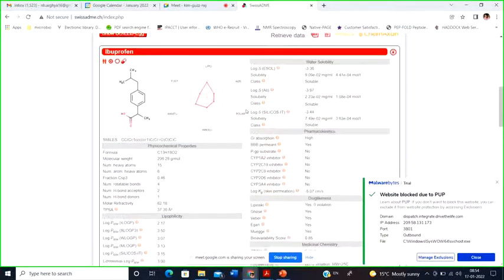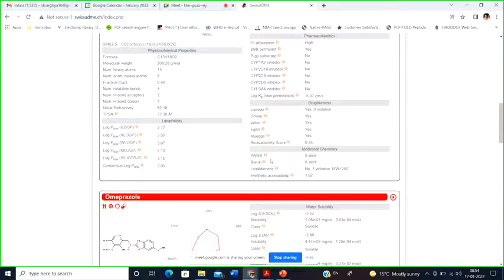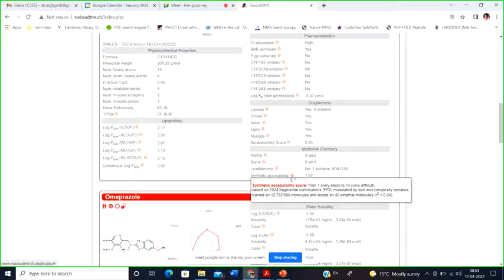It means if I have to synthesize this molecule, is it a very easy synthetic process? It tells you that 1 is very easy and 10 is very difficult. My molecule is 1.92. That means it is very easy to synthesize this particular molecule. And for a drug, a lot has to be looked at, whether its synthesis pattern is easy or not, because I have to mass synthesize it, right? We have to make crores of pills, but if the synthetic procedure is very complex, then making it will be very difficult, right? So the easier the formation, the easier the synthesis, the better your molecule.